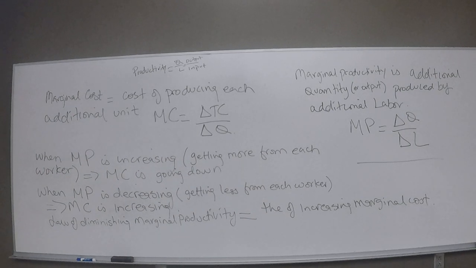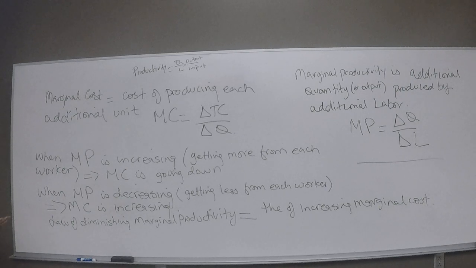So basically what this is saying is that when marginal productivity increases, when you're getting more quantity from workers, more productivity done from workers, your cost is going down per unit.